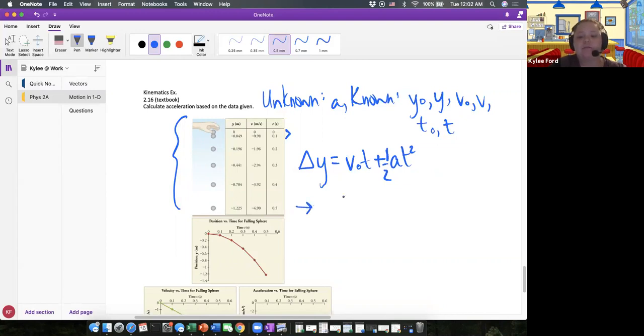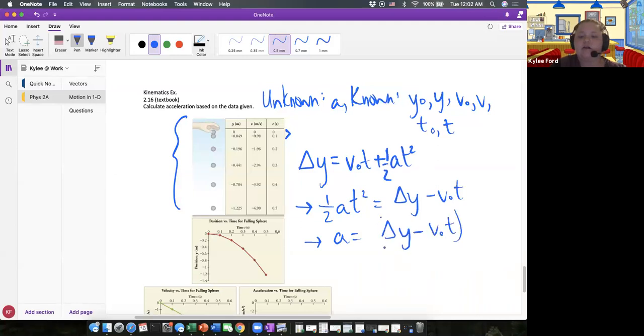I'm going to solve for A. So I have 1/2 a t squared equals delta y minus v naught t. Then A equals delta y minus v naught t, all that times 2, divided by t squared.